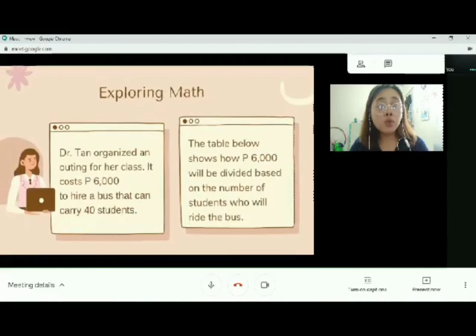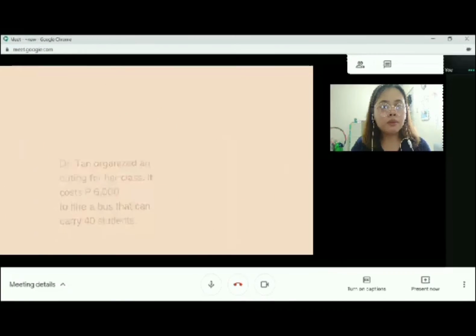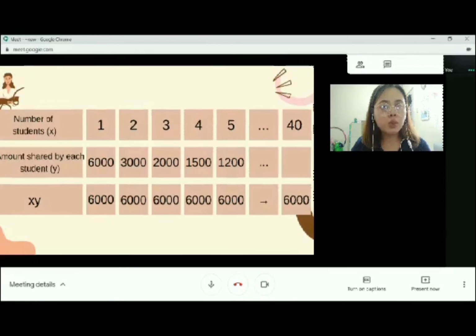Next. So first, let's have an exploring math. Dr. Tan organized an outing for her class and it costs 6,000 pesos to hire a bus that can carry the students. So the table below shows how the 6,000 pesos will be divided based on the number of students who will ride the bus. The number of students, which represents X, is 1, 2, 3, 4, 5, 6, and so on and so forth.